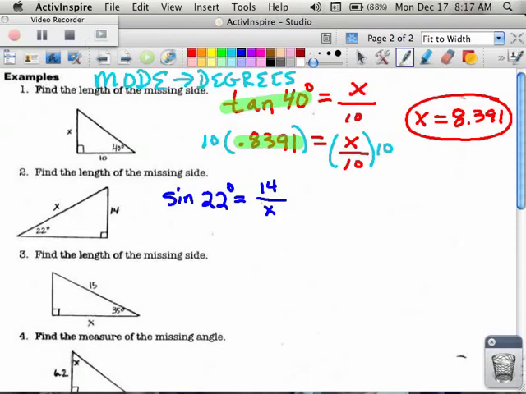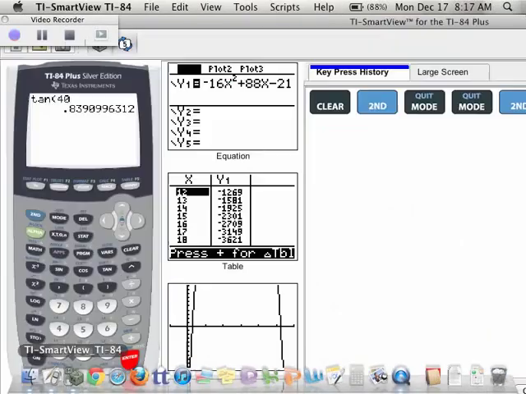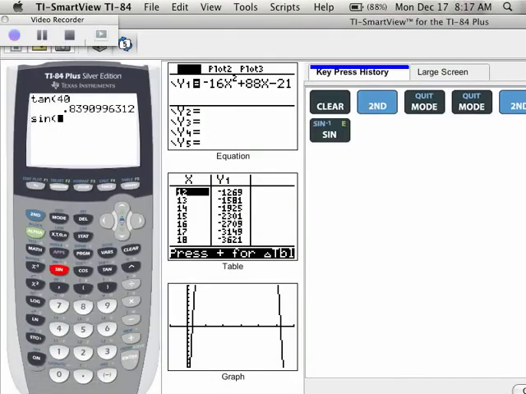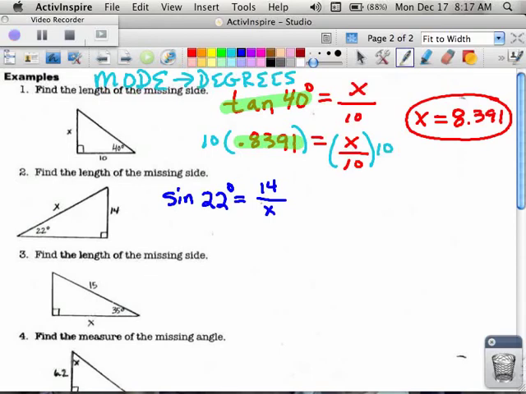On my calculator now, I can go and type in sine of 22 degrees. So the sine of 22, we should all get the same number, 0.3746. So 0.3746, which was the sine of 22 degrees, should be equal to 14 over x.